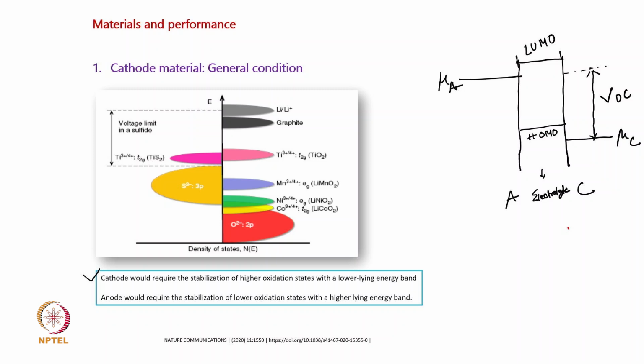Cathode requires the stabilization of a higher oxidation state with a lower lying energy band, and anode requires stabilization of a lower oxidation state with a higher lying energy band. So, these are the criteria for cathode and anode to be selected. Okay. So, we have to find a lower energy band for cathode and a higher energy band for anode, as I have indicated in this figure.